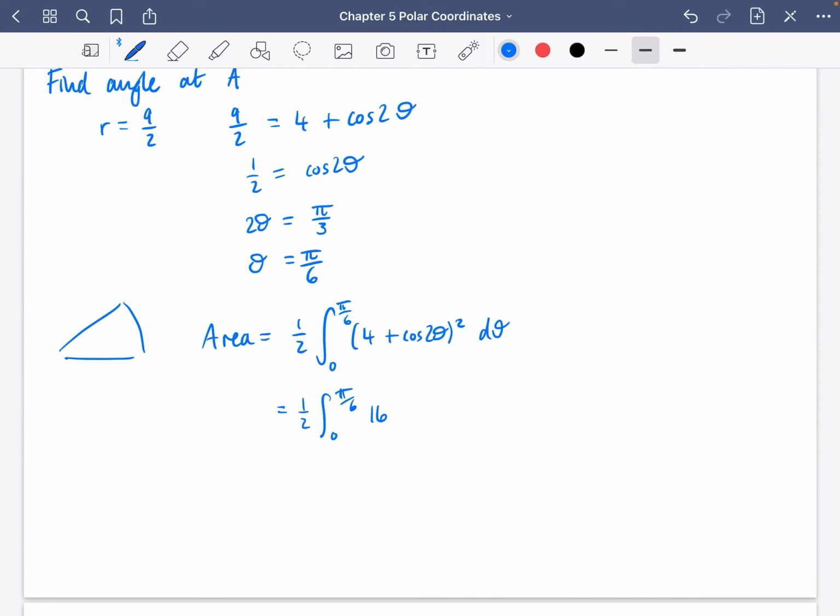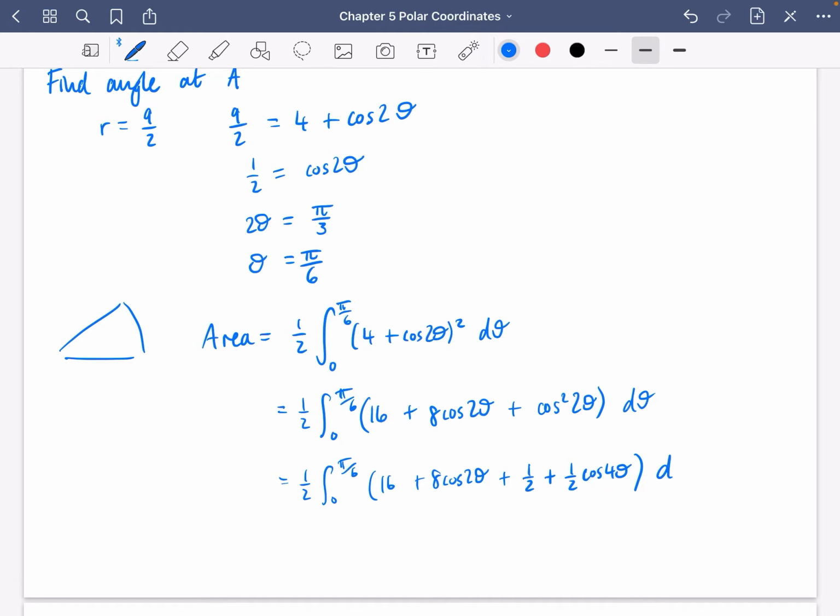So it's going to be 16 plus 8 cos 2 theta plus cos squared 2 theta with respect to theta. So there's going to be your 16, your 8 cos 2 theta, and cos squared 2 theta is going to be a half plus a half cos 4 theta. Don't forget to double the angle that we've got there.